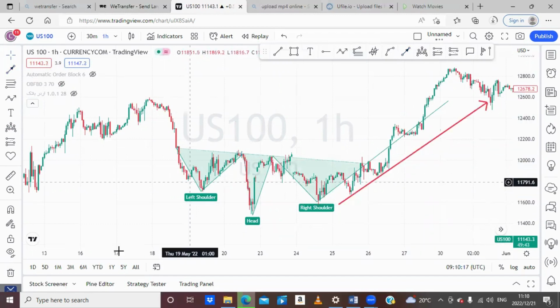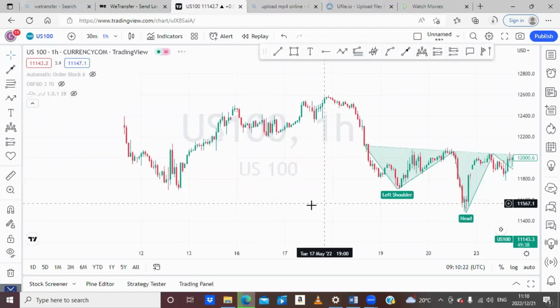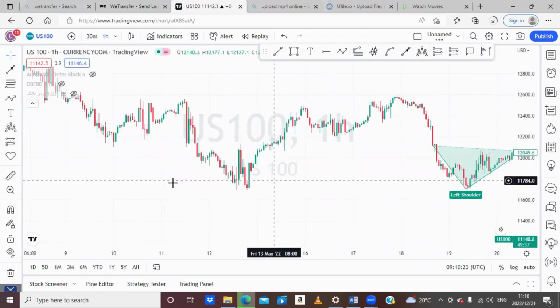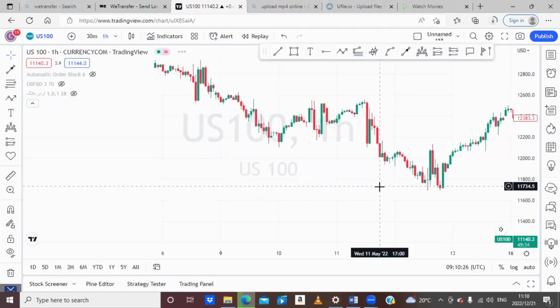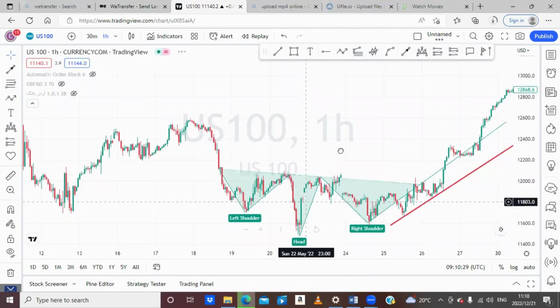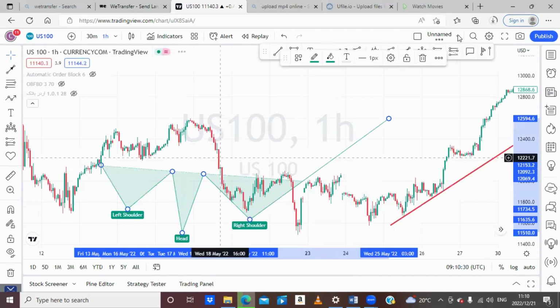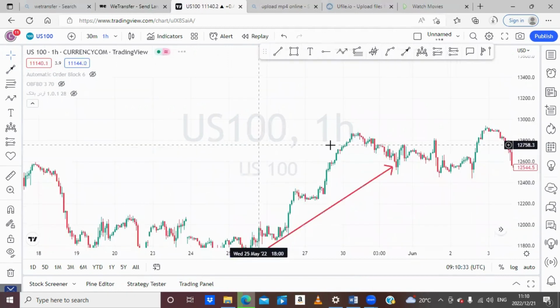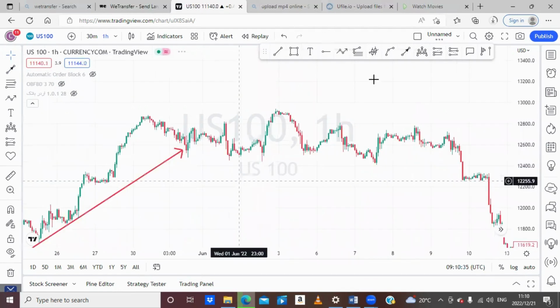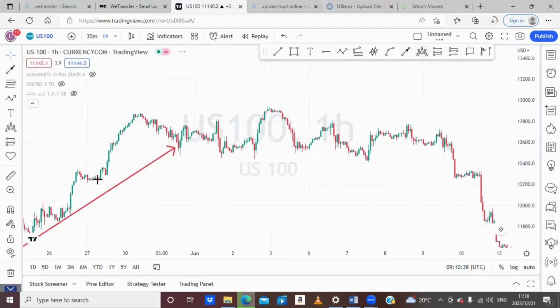This is the inverse of the one that is upright. Let's take a look at this one. Yeah, this one is perfect.